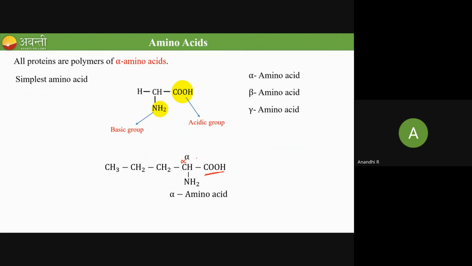If it is attached to the next carbon, it is the beta carbon, so it is a beta amino acid. And if it is attached to the third carbon, the gamma carbon, it is a gamma amino acid. But proteins are made up of alpha amino acids, in which the amine group is attached to the alpha carbon adjacent to COOH. Do you have any doubt here, both of you?